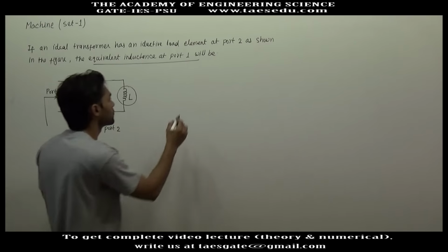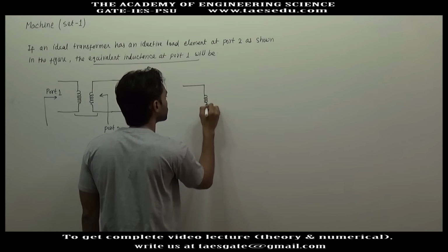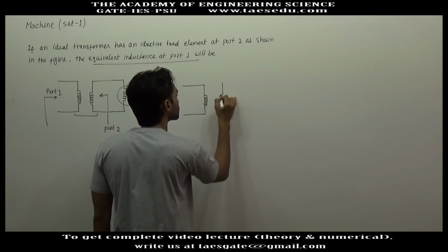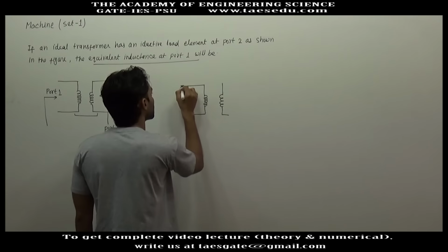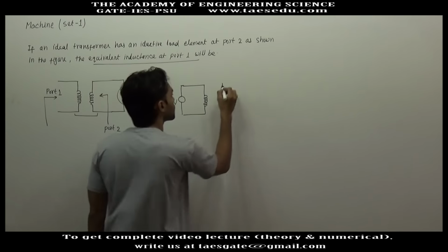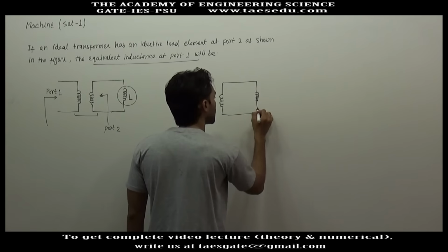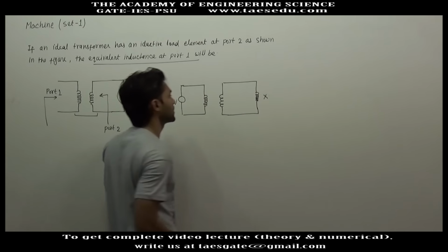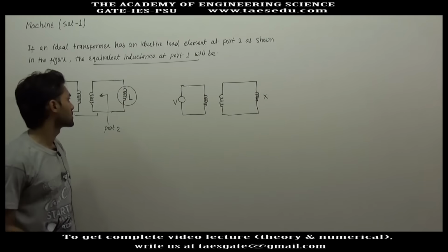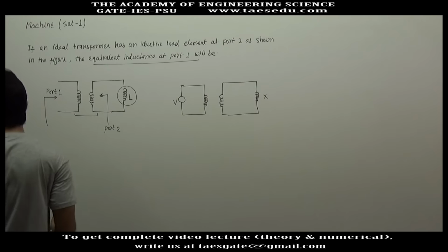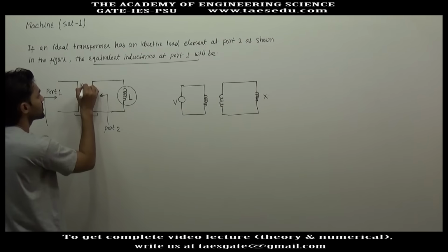Okay. So in the transformer, let's say we have a source connected here, and reactance X is connected here. When you refer it to the primary side, the turn ratio is given as n:1.